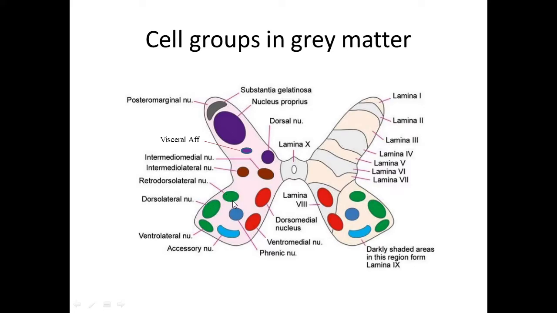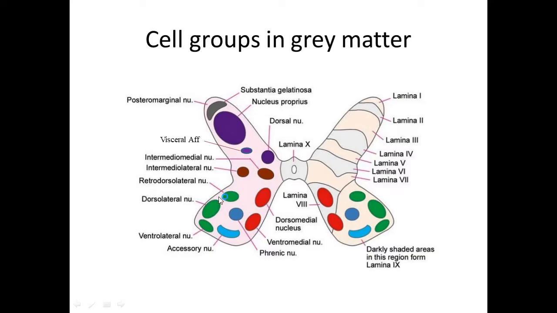And the retrodorsolateral nucleus supplies the intrinsic muscles of the hand and foot. So there are three lateral group nuclei. The ventrolateral nucleus, which supplies the muscles of the arm or thigh. Dorsolateral nucleus, which supplies the muscles of the forearm or leg.